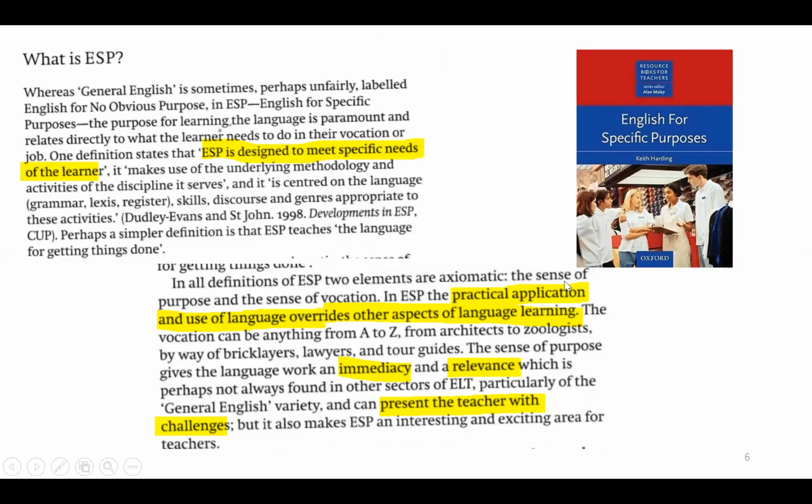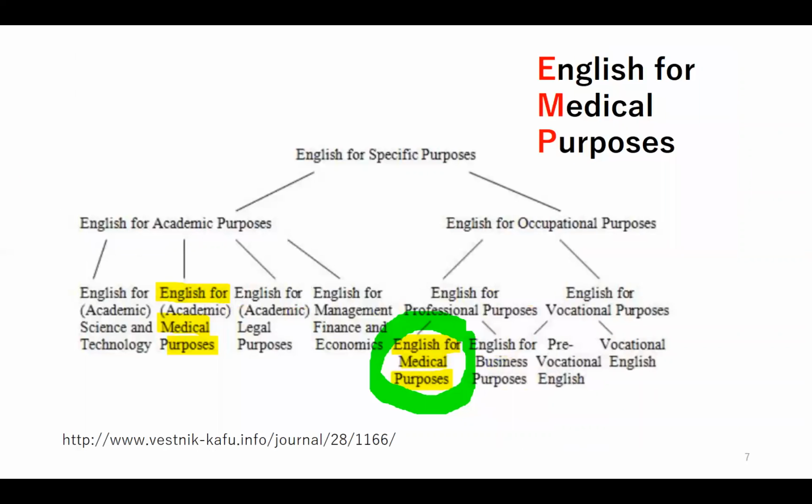These are different explanations of what ESP is. ESP is English for Specific Purposes, and there are many different genres or kinds. You can probably have ESP teaching pilots, pilot English, or bricklayers, or something.